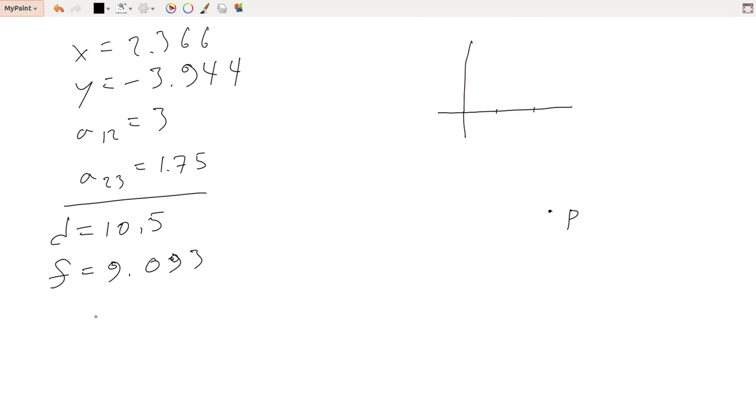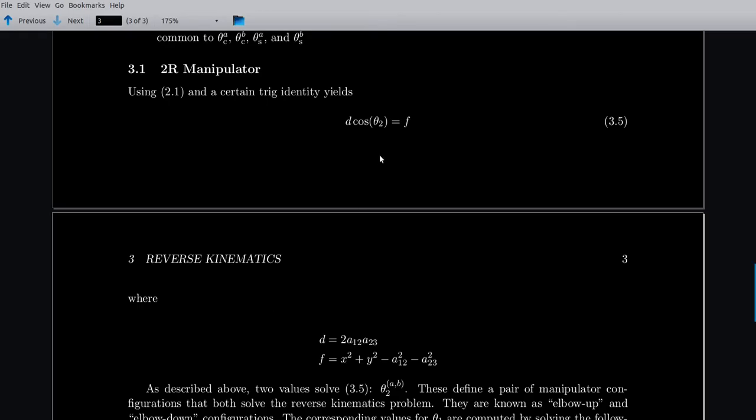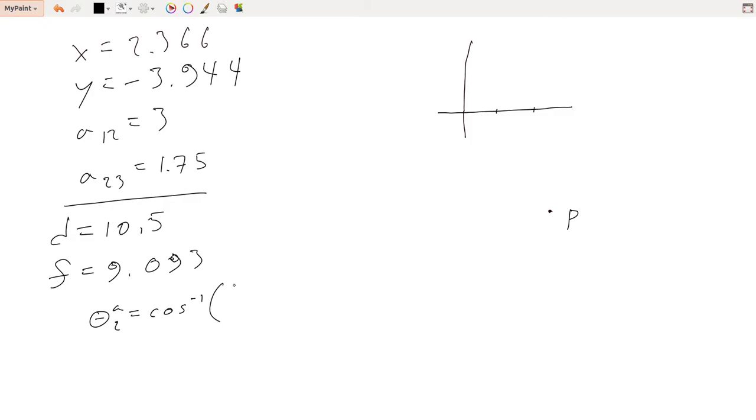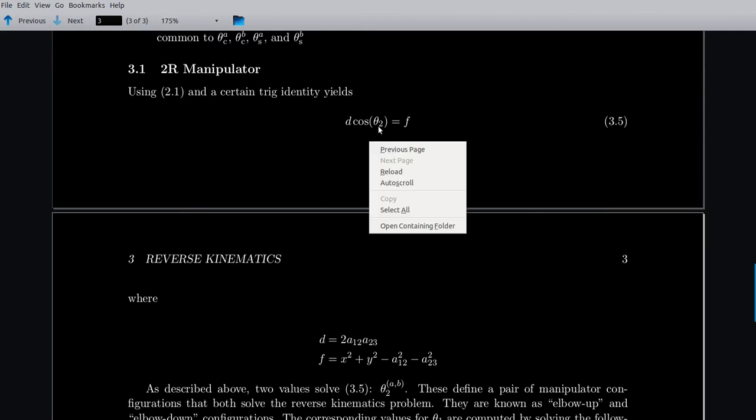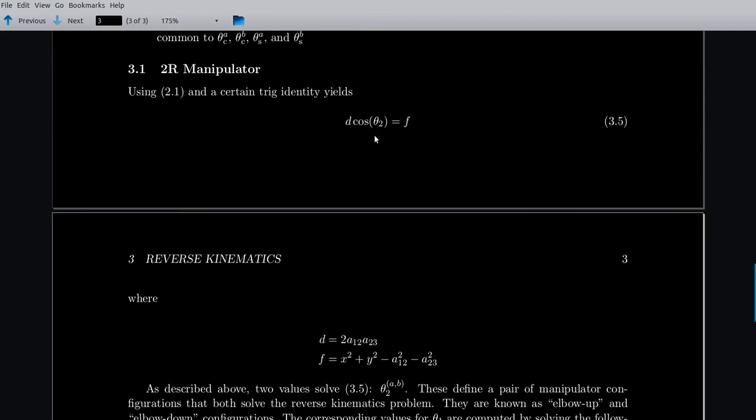So we find theta 2A is equal to the inverse cosine of F over D. And there are two angles that will satisfy this equation. And we'll refer to those as theta 2A and theta 2B.